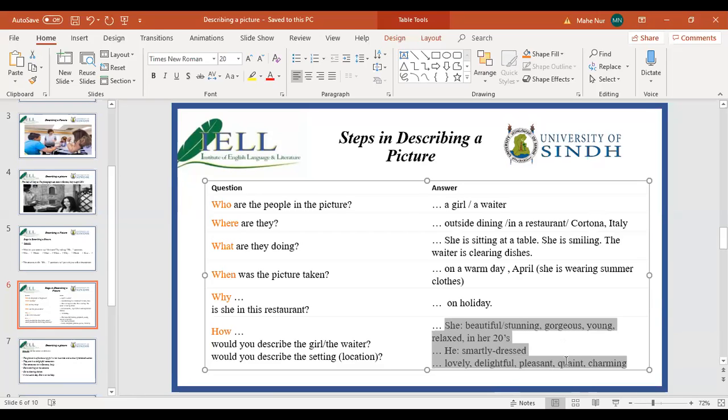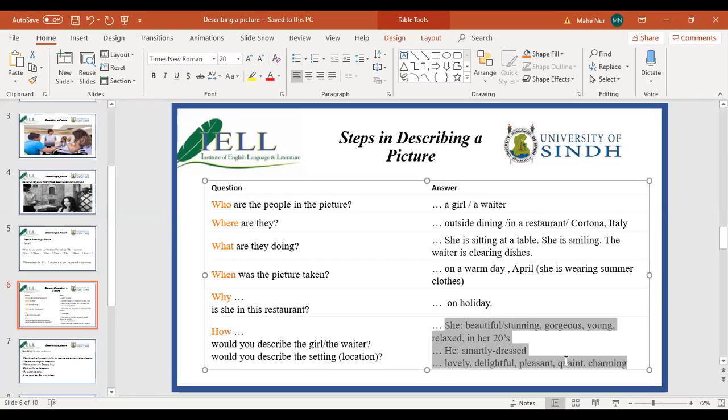He looks good because Italian men are usually handsome, but I don't find them very handsome. They have this mustache and all that. So from the Italian standard, he looks fine. So you can say, okay, smartly dressed, fine, that the waiter is standing there. You can also describe the weather as lovely, delightful, charming, quaint, the environment.